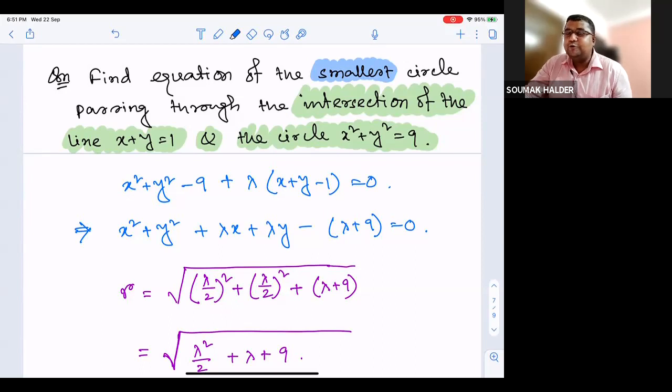or otherwise we can take a general member from the family in terms of S plus lambda L is equal to 0, and write its radius in terms of lambda. As we want the smallest member, and the size of a circle is controlled by the radius, if we minimize the radius, that gives us the smallest member.